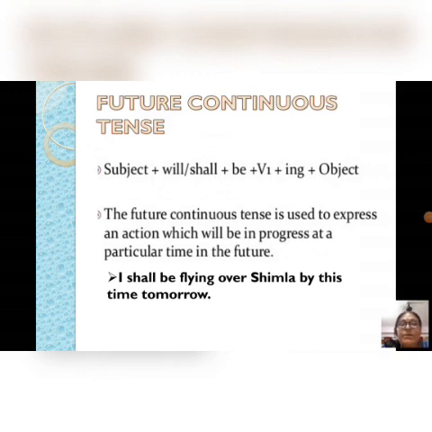For example, I shall be flying over Simla by this time tomorrow. Now see the structure of future continuous tense. Here first you will write subject, then will or shall plus be plus V1, that is the ing form of the verb, or V4, plus object.